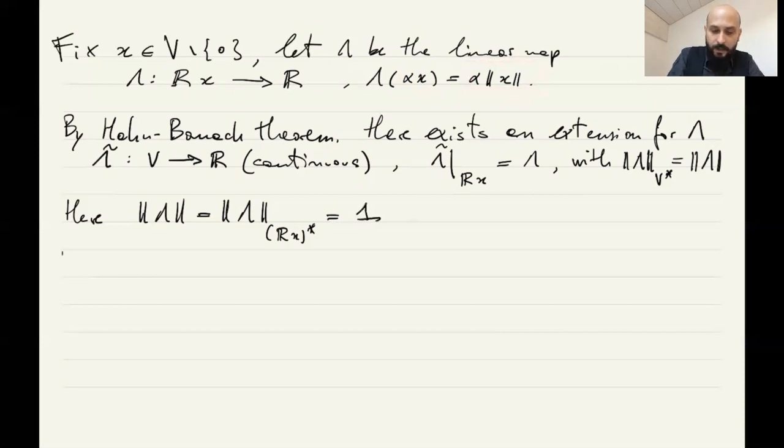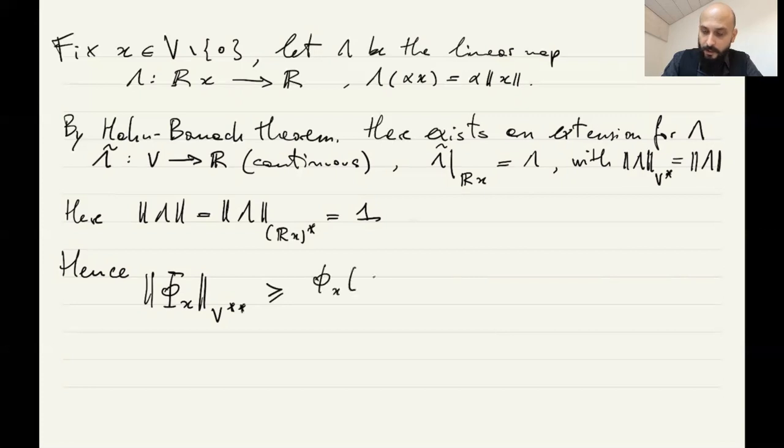Okay, so now, how can we bound the operator norm of phi of x as an operator on the bidual? This is at least the value of phi of x on the map lambda tilde we constructed, divided by the norm of lambda tilde. But as we said, this norm is 1.